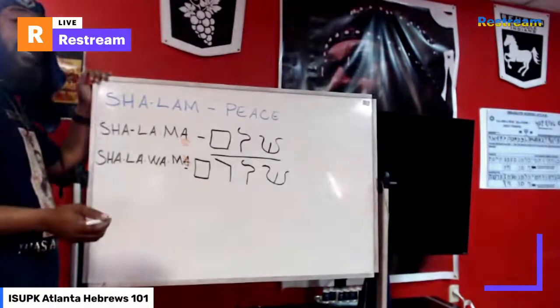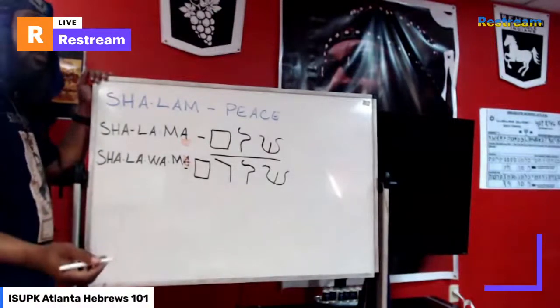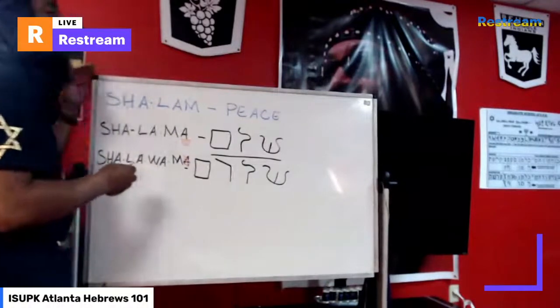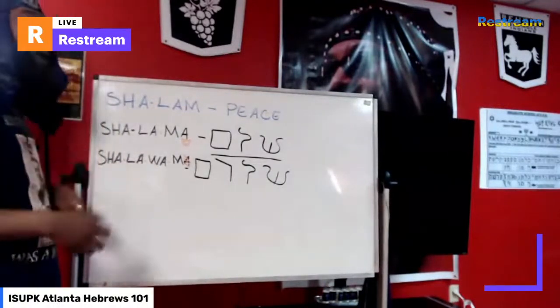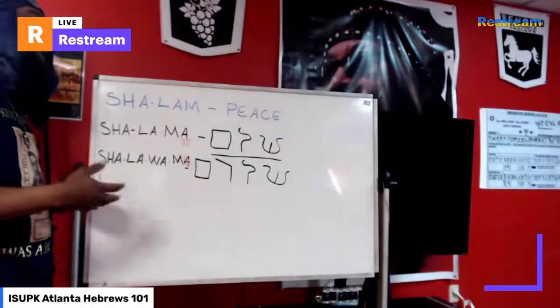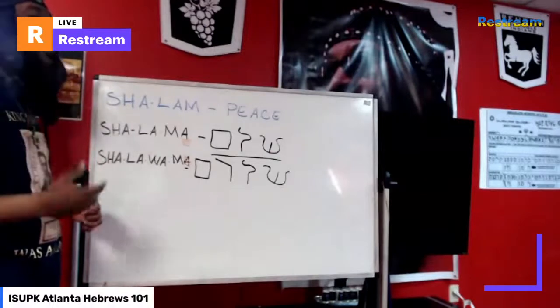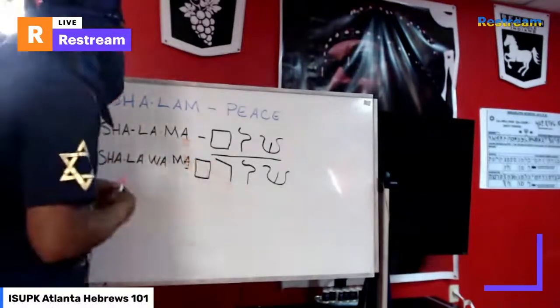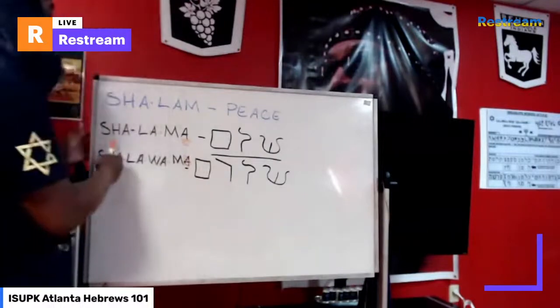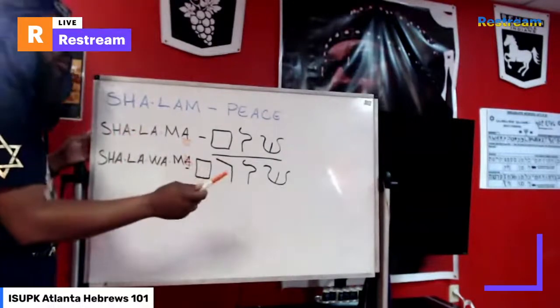Has anybody heard that? Everybody, okay, cool. So people have heard Shalom. Now just think, if somebody greets you, hey, Shalom, it sounds different. It just doesn't sound right, because it is, matter of fact, wrong. It's pronounced shalom. All right.